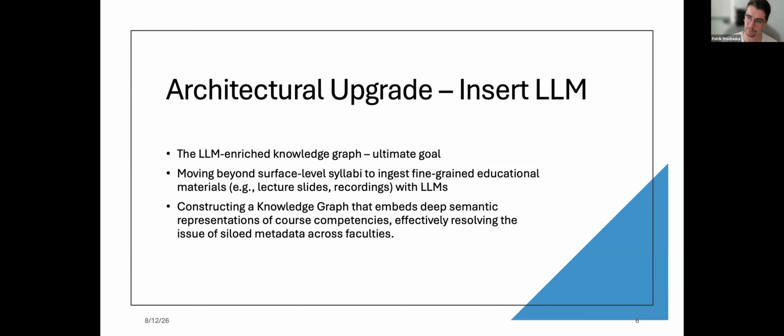And syllabi also tend to fall behind what's actually learned in the course. To upgrade the data coming into the system, there's the LLM. It's trendy, right? But you can use large language models to analyze the lecture slides.